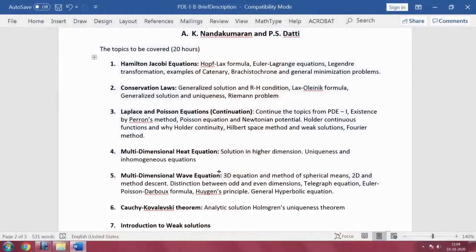So, typically we study first the 3D equation using the method of spherical means and then 2D using the method of descent, and the distinction between odd and even dimensions, telegraph equation, Euler-Poisson-Darboux formula. We will also introduce what is called the Huygens principle and maybe some concepts about the general hyperbolic equation.